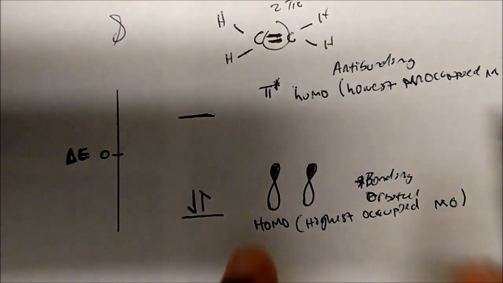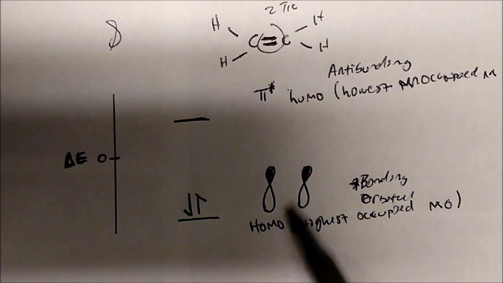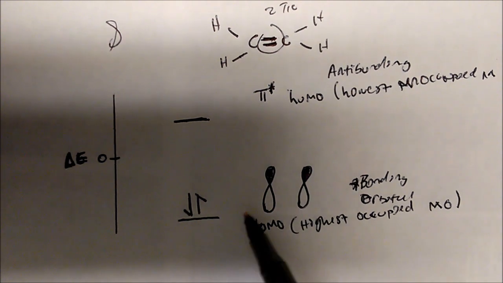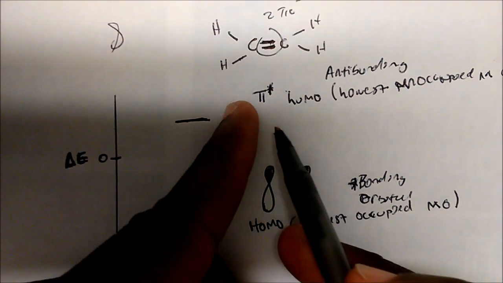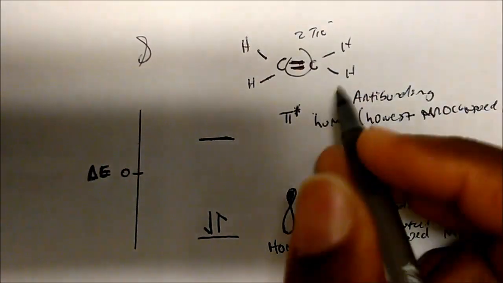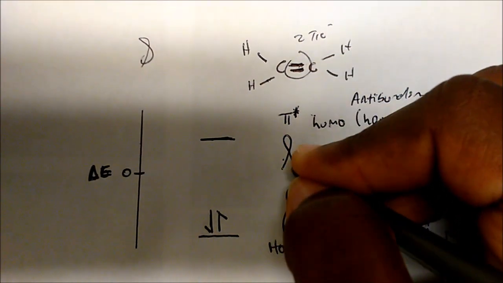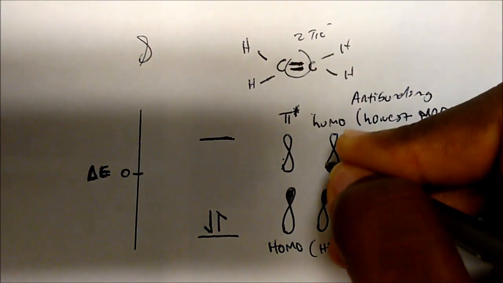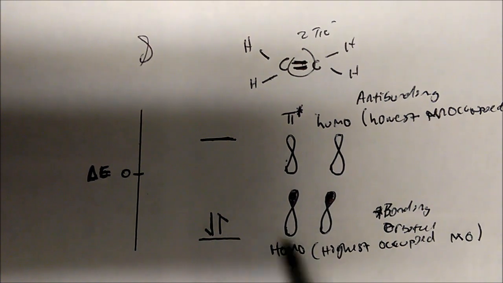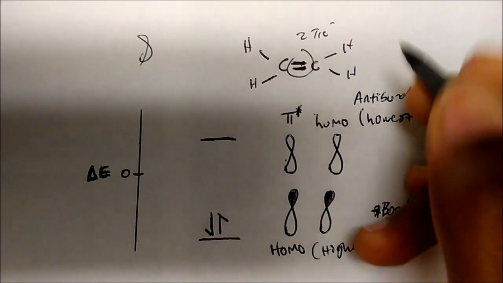Now, because we draw 2 S's for a bonding orbital, we have to show the same for an anti-bonding orbital. So kind of right here, but let me squeeze it in. So I have 1, 2. Even though there's no electrons here, we're going based on our bonding orbital. So now we have 2 S's.